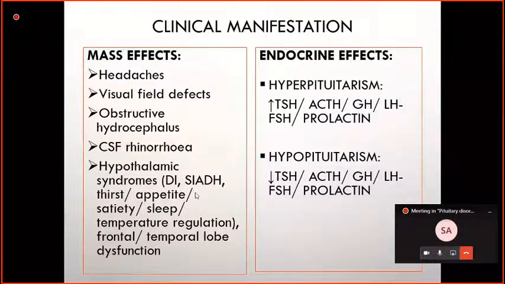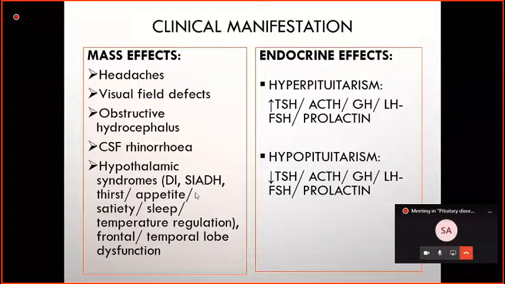But this particular tumor can also compress the surrounding cells in the pituitary, so you can have hypopituitary symptoms as well. Do you get what I mean?